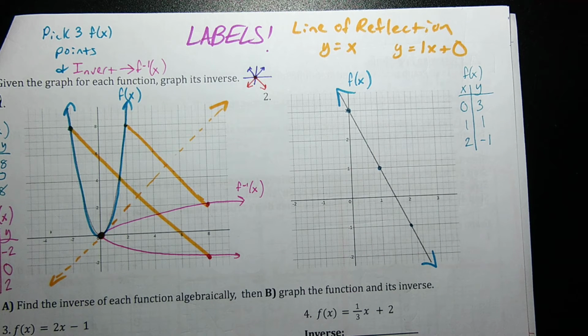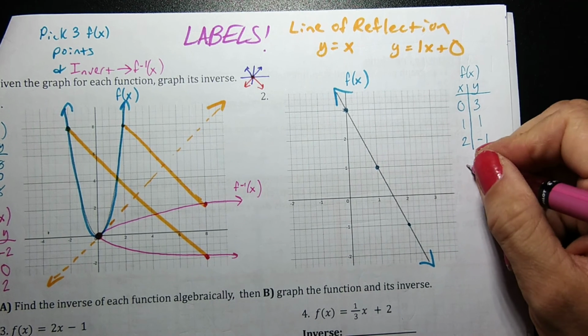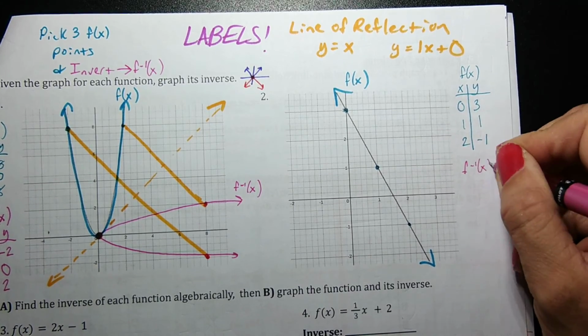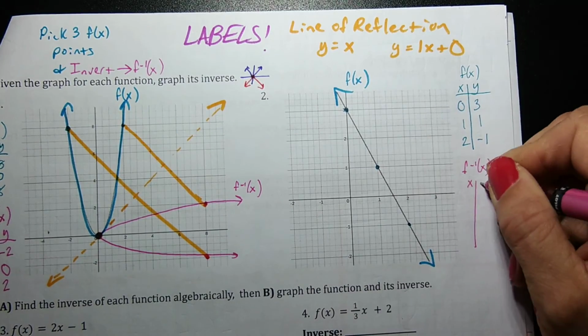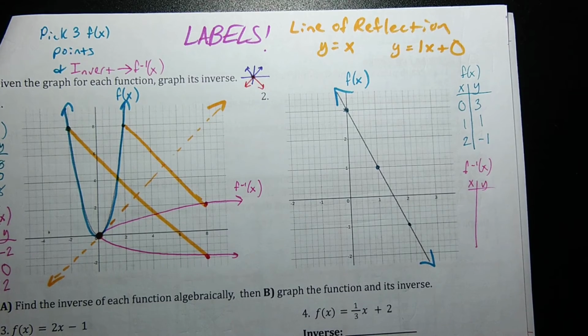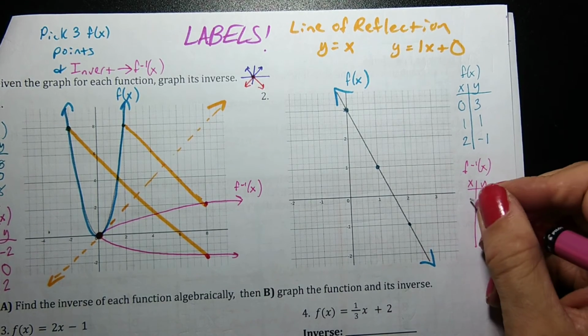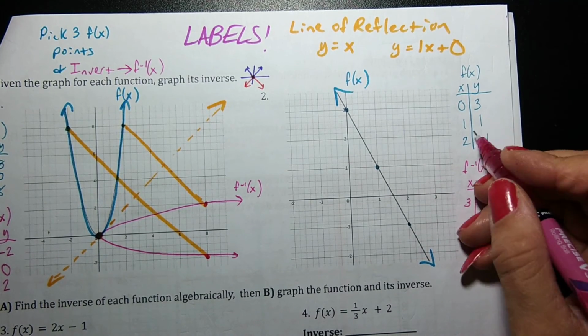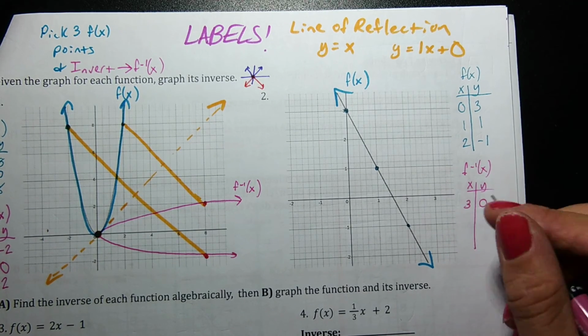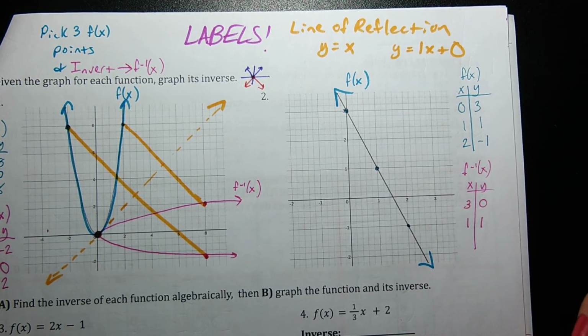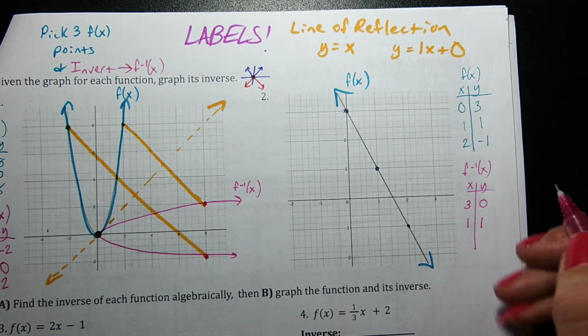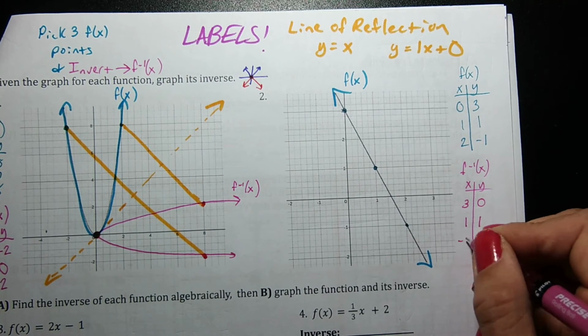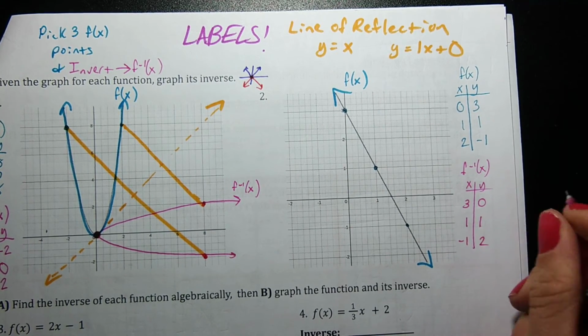So there's our original function. Our inverse function is we're going to switch each of those coordinates. So 0, 3 becomes 3, 0. 1, 1 becomes 1, 1. And then 2, negative 1 becomes negative 1, 2.